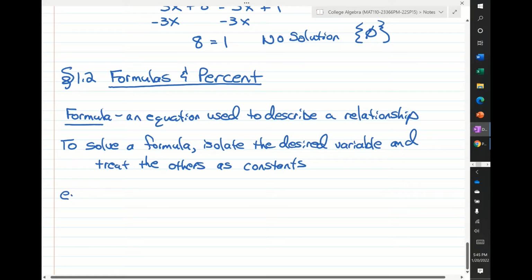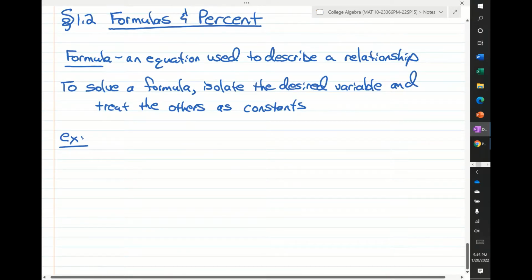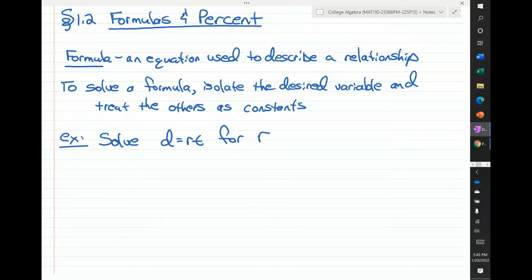So take a look at some of these examples. First equation, let's solve d equals rt for r. So the formula, distance is equal to rate times time. If you're going 60 miles an hour for 2 hours, you'll go 120 miles. We want to get r by itself, which means everything else we could just treat as a number.